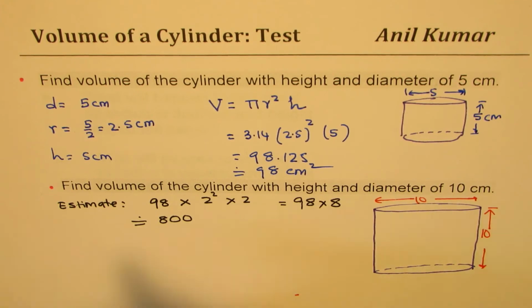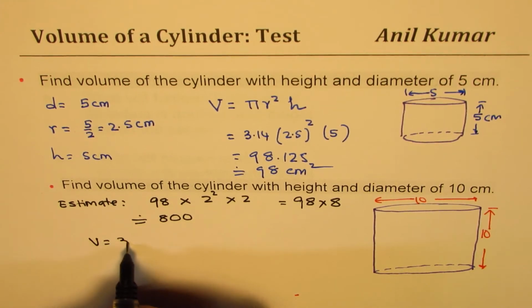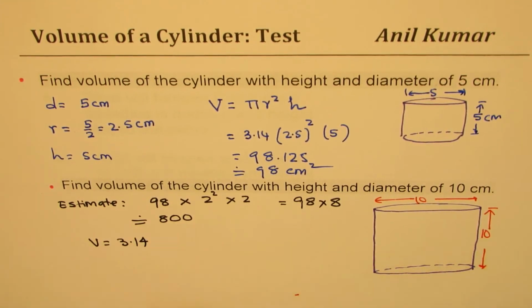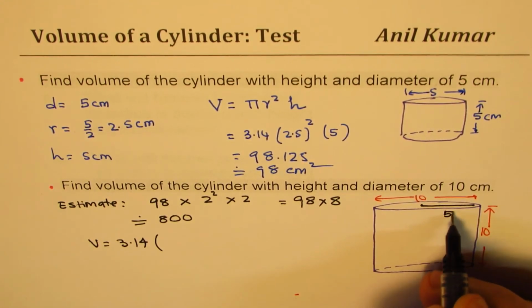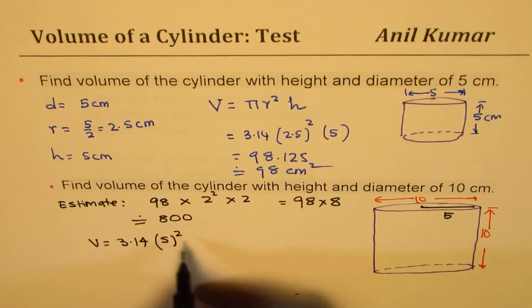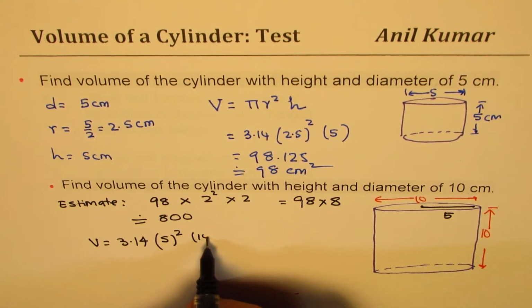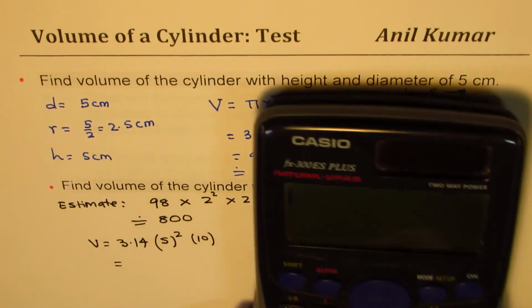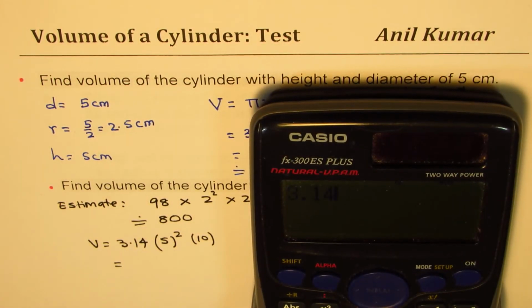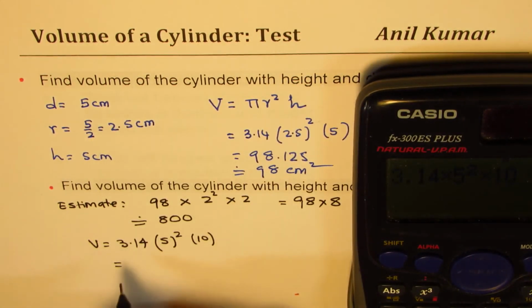So let's do the calculation now. We have volume equals 3.14, that is an approximation, times radius, which is half, so 5 square, times 10. And let's see how much it is. 3.14 times 5 square times 10 equals 785.